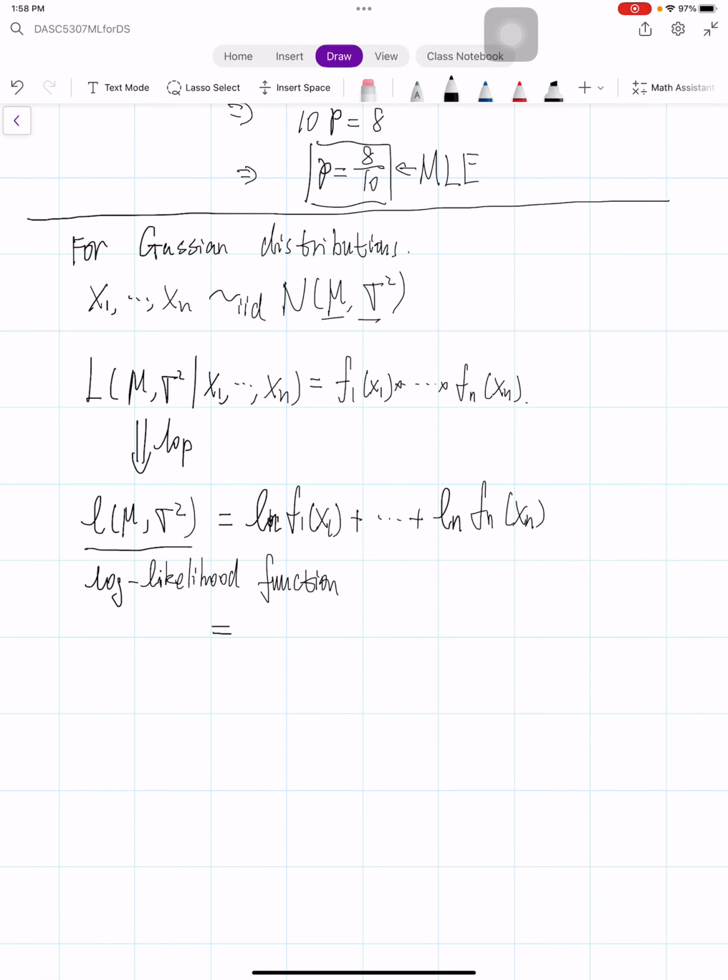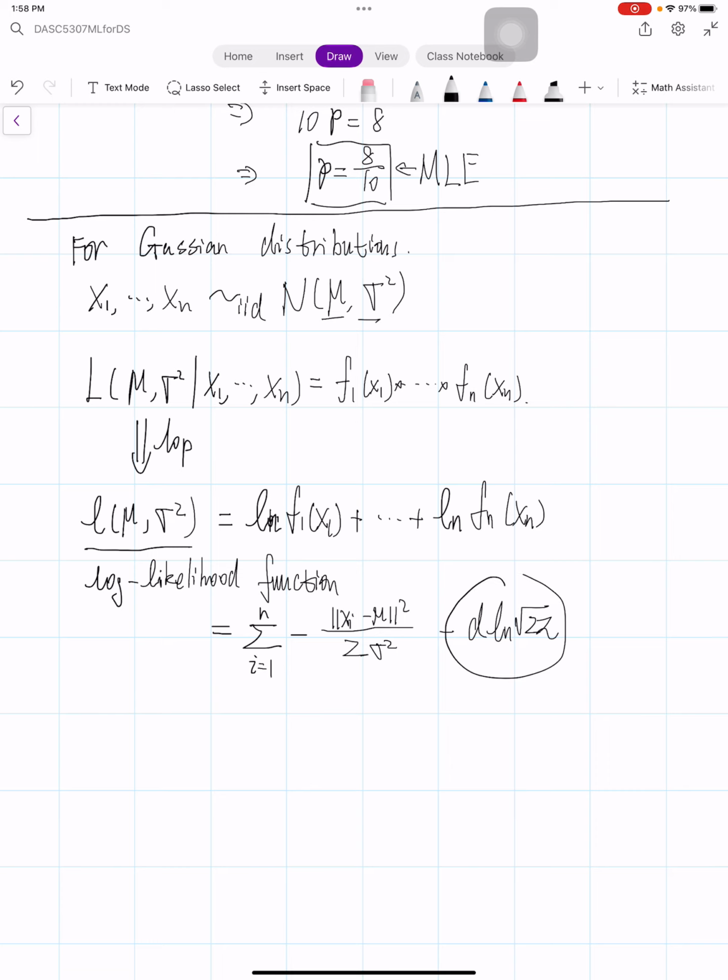So this equals a summation, where each term has the Gaussian density. So we have the summation from 1 to n of negative (xi minus mu) squared over 2 sigma square, minus d natural log of the square root of 2 pi.